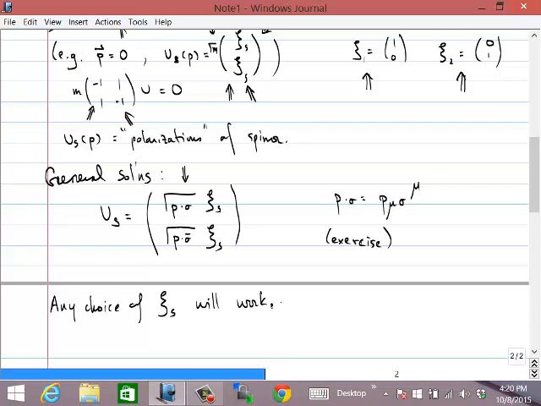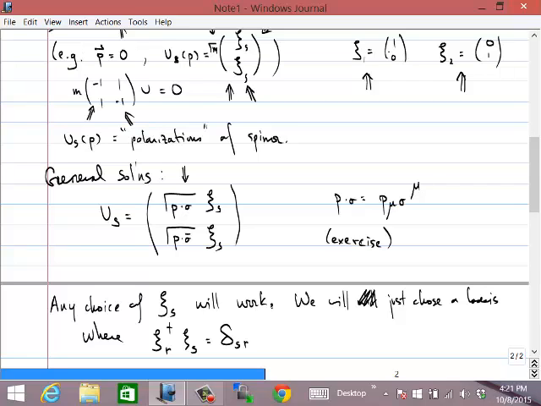But more generally, just to keep the normalizations relatively simple, we will choose two spinors, zeta 1 and zeta 2, such that these two-component spinors are orthonormal in the sense that zeta 1 dagger times zeta 1 is equal to 1, zeta 1 dagger times zeta 2 is equal to 0, and zeta 2 dagger times zeta 2 is equal to 1.